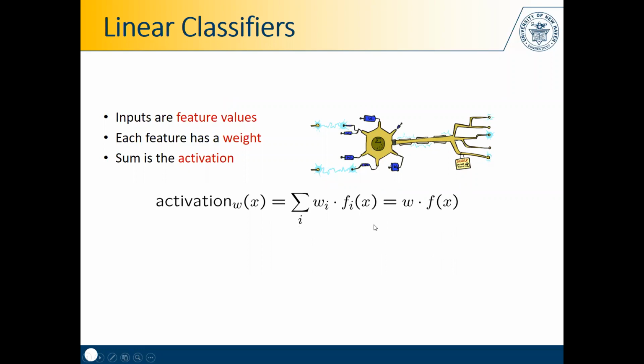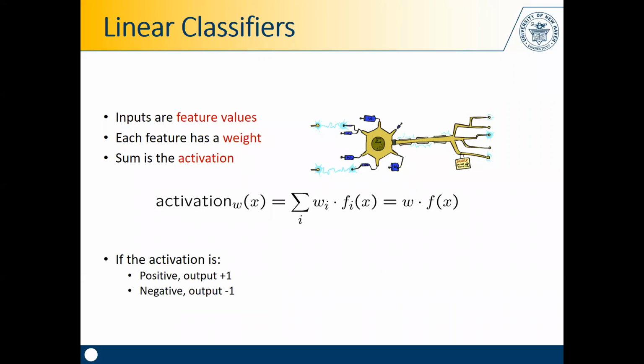So this summation is what comes out of this neuron, we call that activation, and it can be represented as a dot product between a weight vector, a vector comprised of all of these weight values, W_i, multiplied by the feature vector. So the vector composed of all of the feature values of X, our input sample.